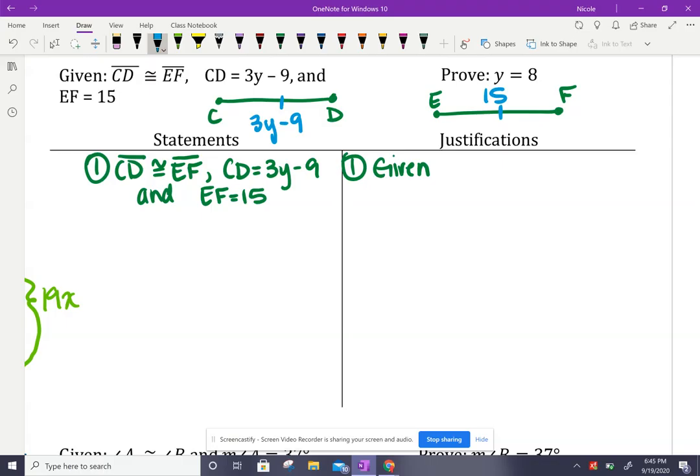So now, because I know these two objects are congruent to each other, because of the definition of congruent segments that we just talked about, I can now transition to saying their measures, so CD without the bar on top, is equal to EF.